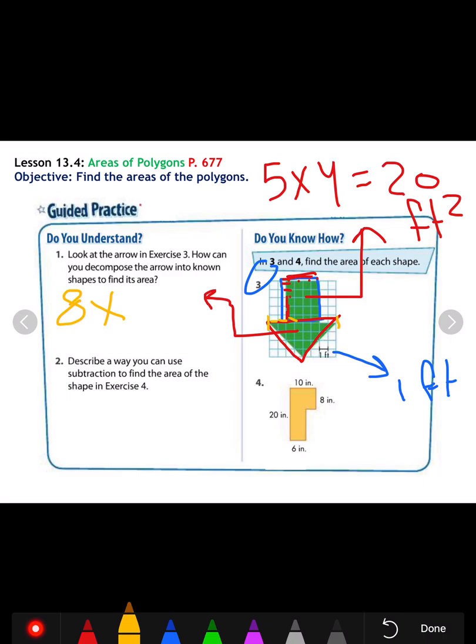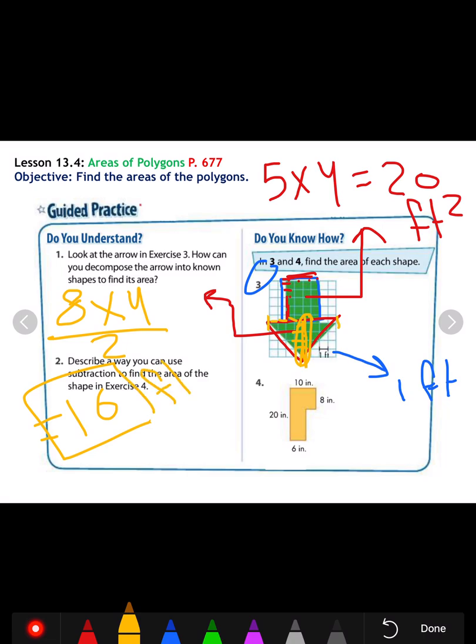It should be a perpendicular line between the base and the opposite vertex. So this is the height. If you count the height, 1, 2, 3, 4 units, this means 4 feet. So 8 multiplied by 4, because it's a triangle, I need to divide by 2. So 8 multiplied by 4 equals 32. 32 divided by 2 equals 16.